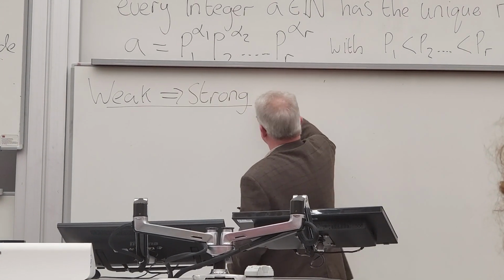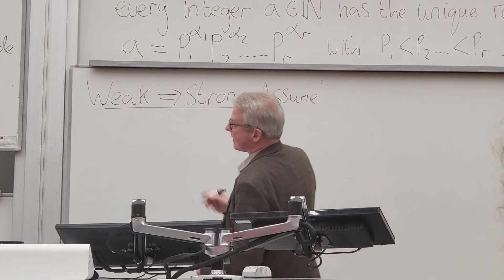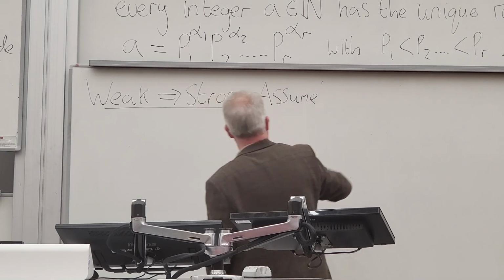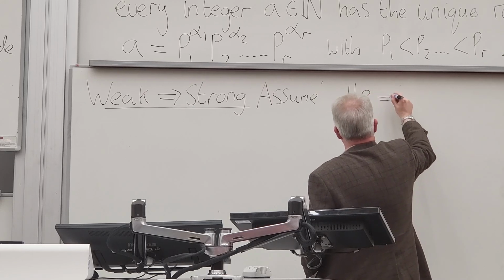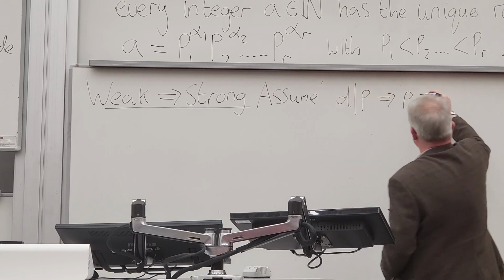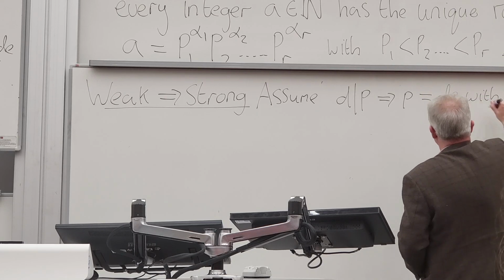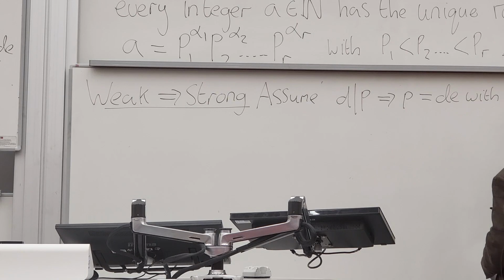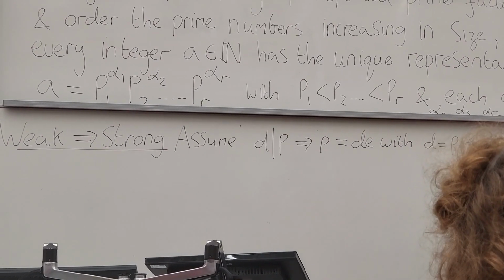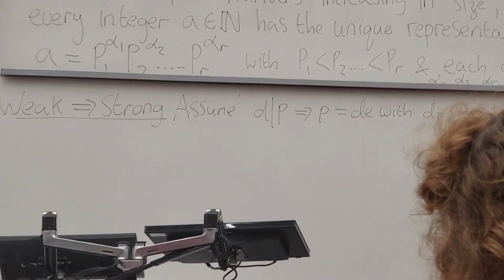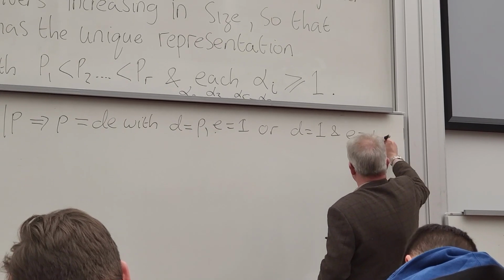So we assume, so last time we assumed the strong definition, so here we assume d divides p implies p equals de with d equals p, e equals 1, or d equals 1 and e equals p.